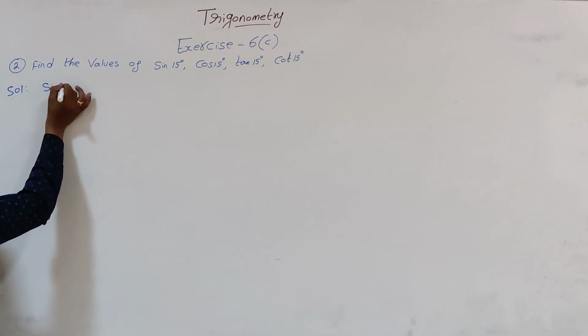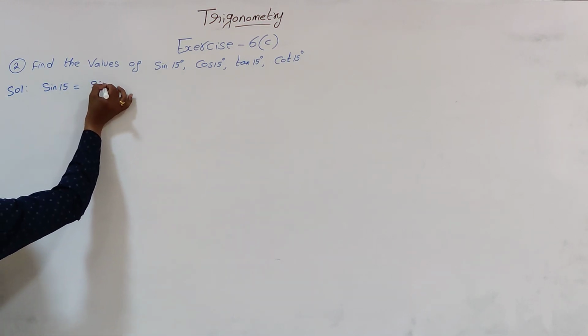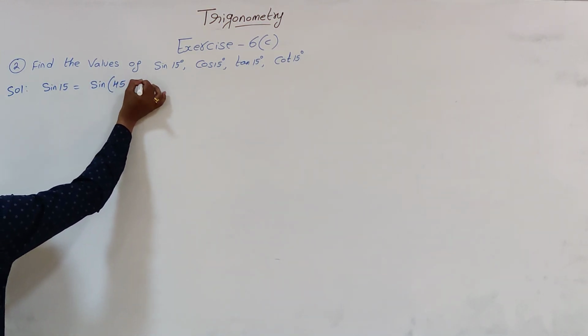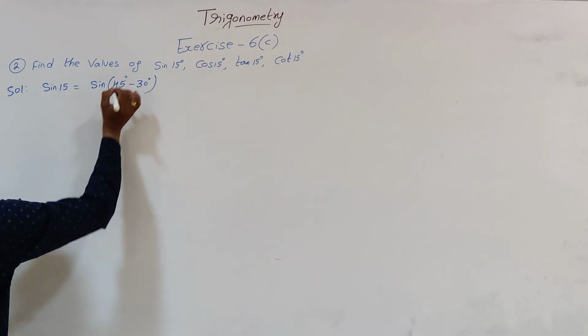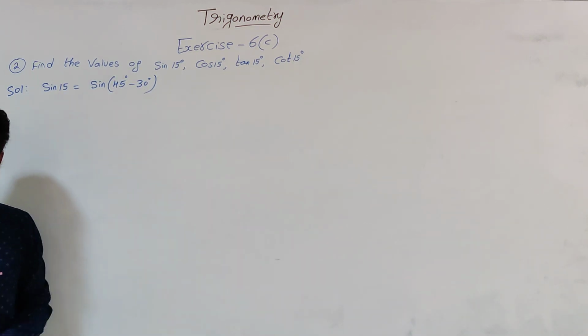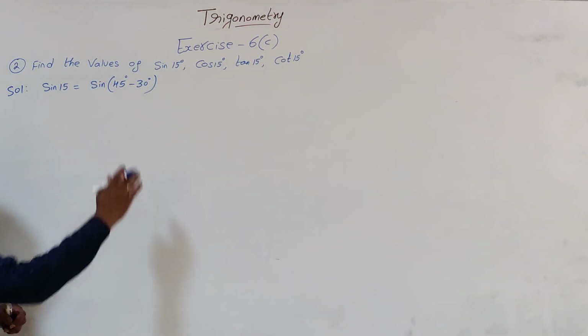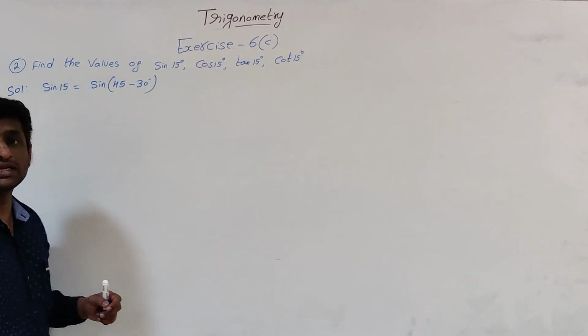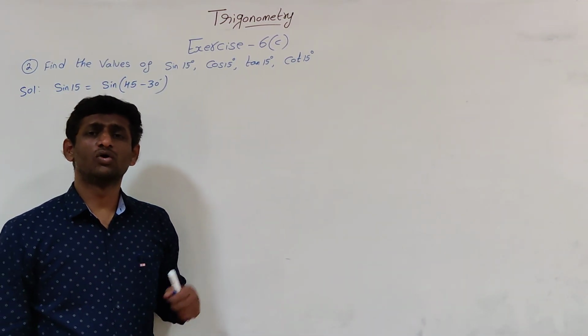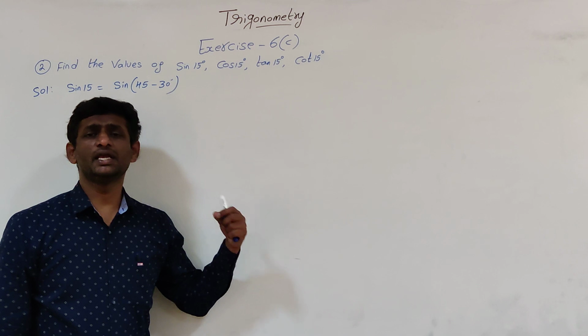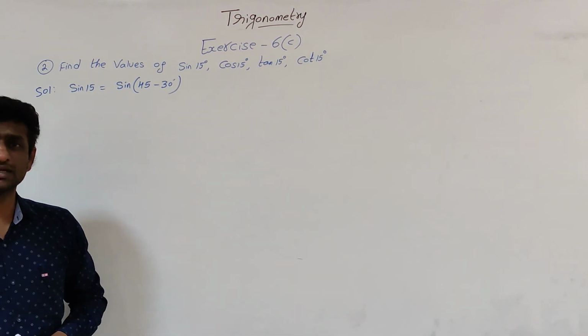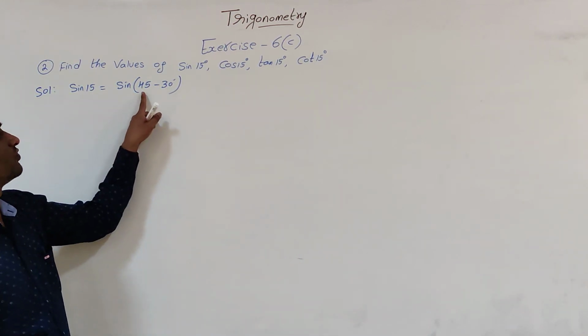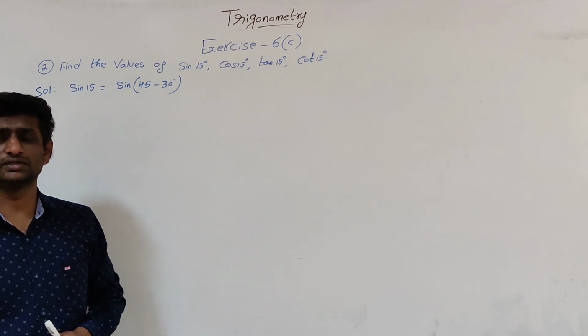Sine 15 can be written as sine of 45 minus 30 degrees. Sine of 45 degrees minus 30 degrees means it is in what form? Sine of a minus b. What is sine of a minus b? Sine a cos b minus cos a sine b, where a is 45 and b is 30 degrees.